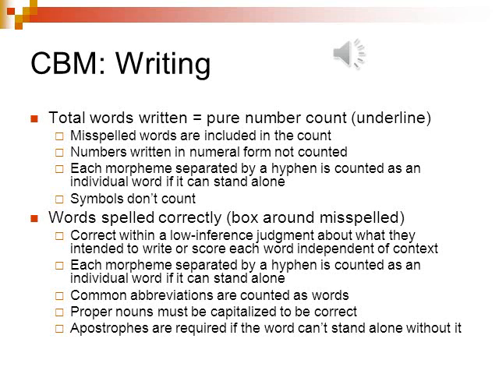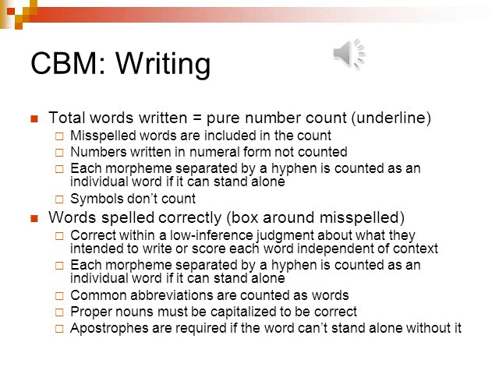Or you can look at each word independent of context and just decide that peace is a word, a correct spelling of a word, and count that as correct. Typically, however, we use low inference judgment, so in that sample we would count that as misspelled.